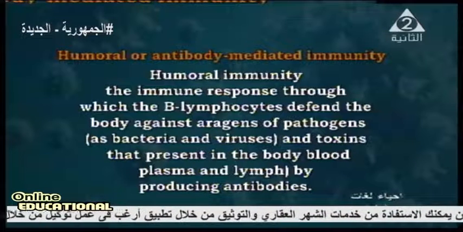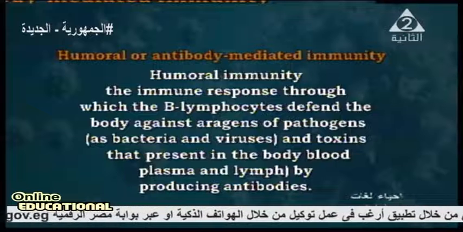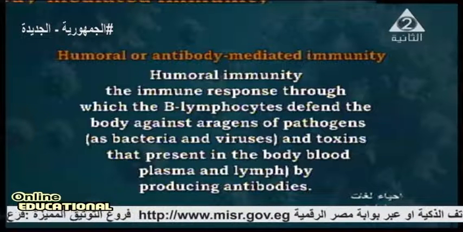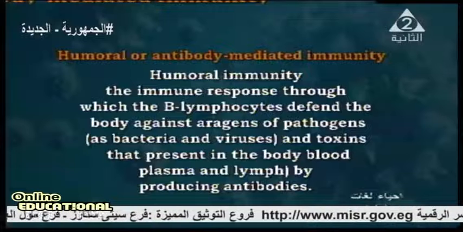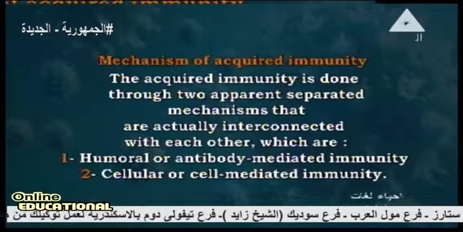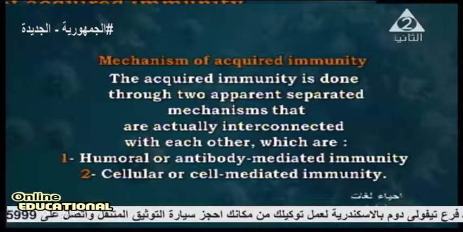If this cell fails to overcome the bacteria, viruses and toxic substance, what happens? The lymphocytes or the lymph produce another type of antibodies which make removal of this toxic substance.